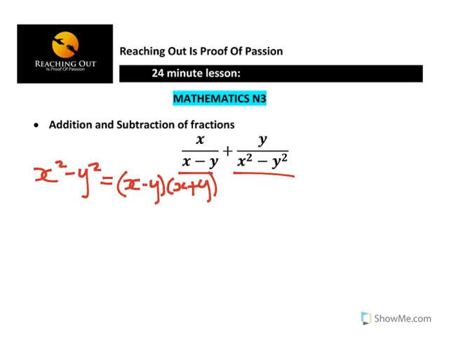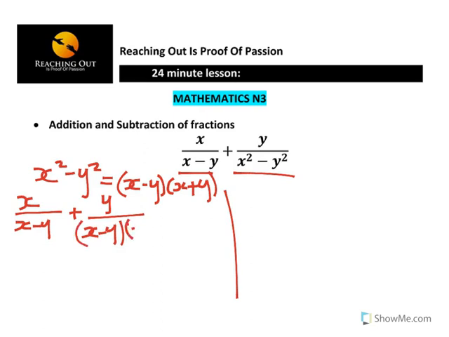Now this fraction becomes x over x minus y plus y over x minus y and x plus y. This is the factorized denominator, as it is a difference of two squares.